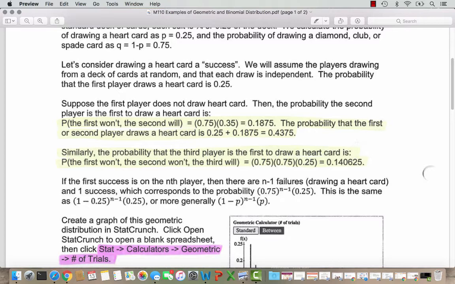That happens 75% of the time. The second player won't draw a heart. That happens 75% of the time. And then the 0.25 is that the third does draw a heart. So we are able to multiply these because we're assuming each player drawing cards is independent. It's not related to what the last player is drawing. And so here, when we multiply, we get 0.140625.